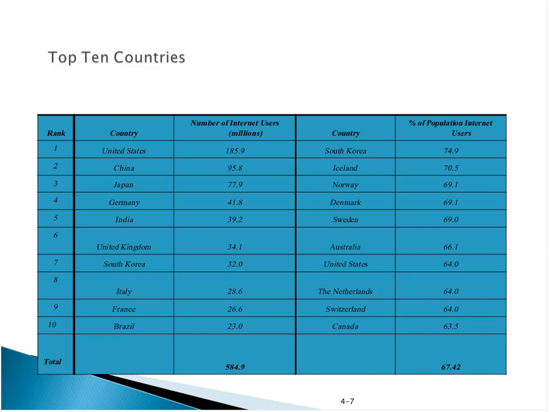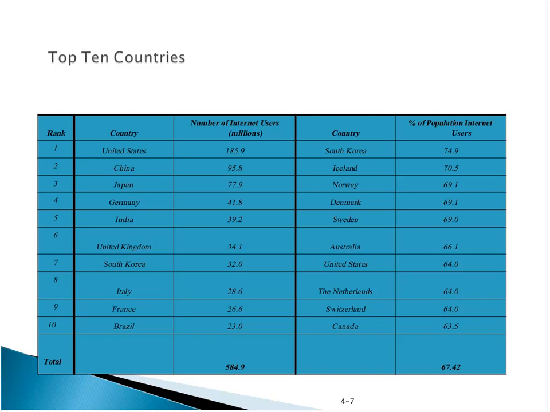If we look at the first column, which shows countries ranked based on number of users, you will see United States of America on top, then China, Japan, Germany, India, United Kingdom, South Korea, Italy, France, Brazil. This ranking definitely changes when it comes to the population percentage.